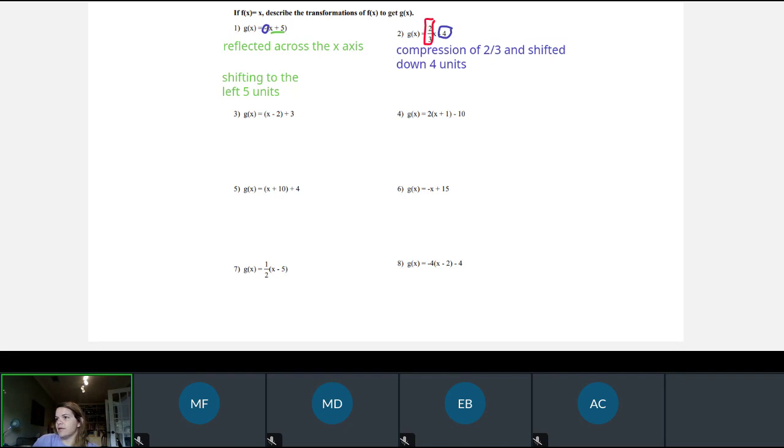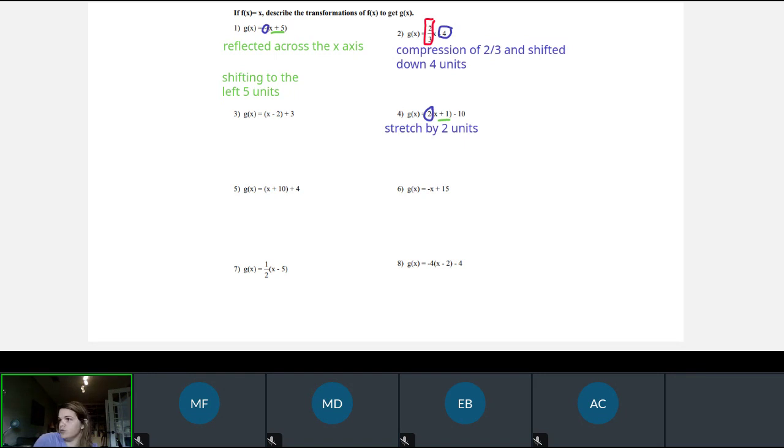The first thing we have is the number 2, which would be outside. That's our slope. So if our slope is bigger than 1, that's going to be a stretch by 2 units. The next thing I have is a +1 inside the parentheses.